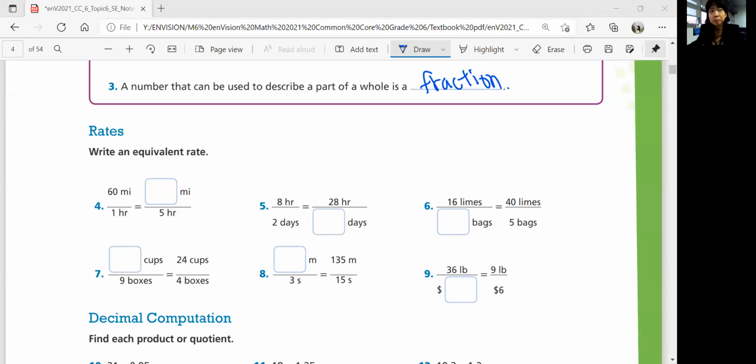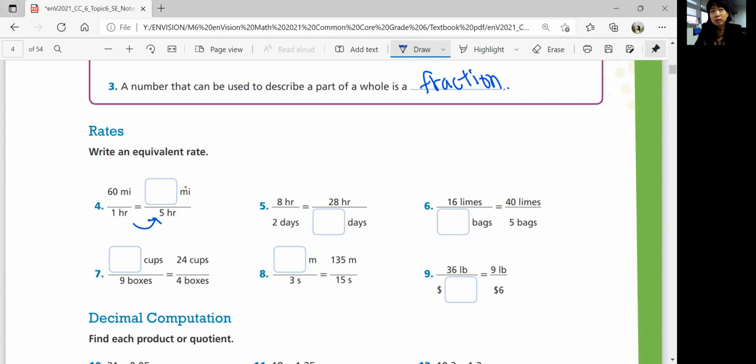Okay, are we ready? Look at rates, write an equivalent rate. 60 miles over an hour is equivalent to blank miles over 5 hours. How do you write equivalent rates? Determine whether you multiply or divide the first term to get the second term in the given rate, and then multiply or divide the known term in the other rate by the same number to find the unknown term and make the rates equivalent, right?